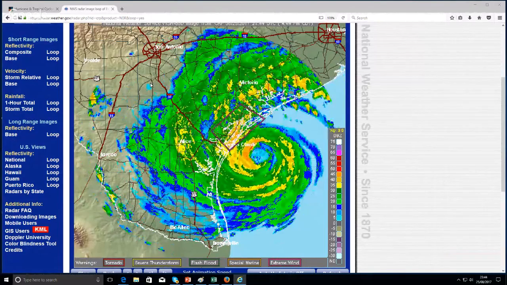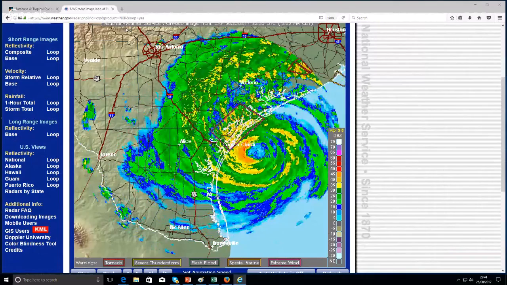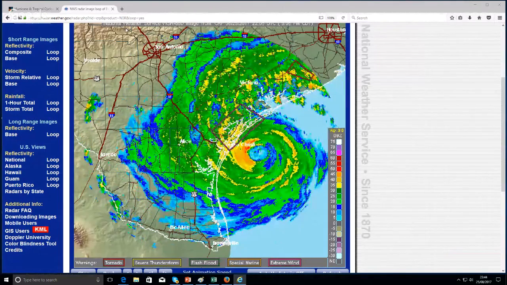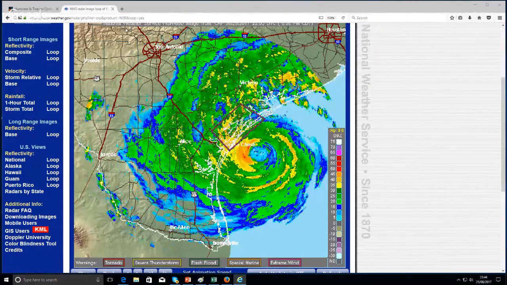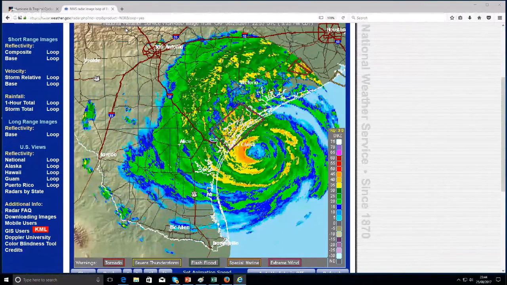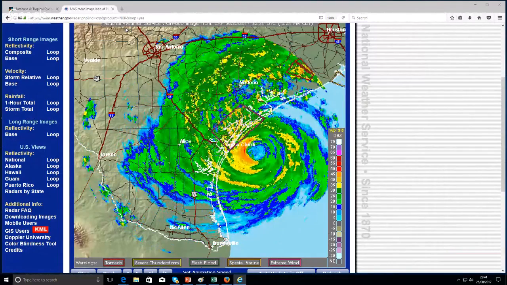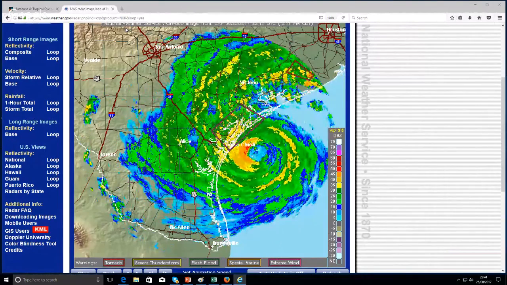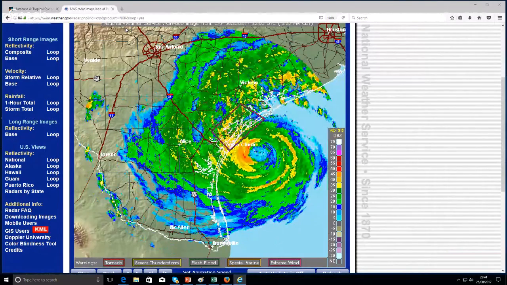I want to talk a little bit about the brown ocean effect. This is more of an interest, an intrigue, more than anything else. But the brown ocean effect, I mentioned earlier that you need these surface fluxes between the surface of the sea and the atmosphere in order to get these tropical cyclones. But that's not strictly always the case.